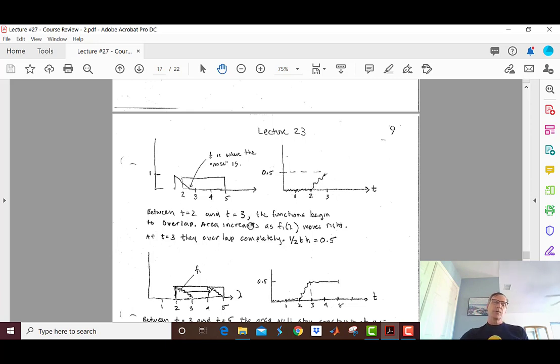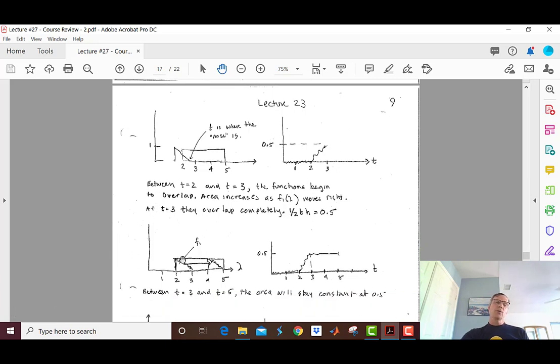So now I'm going to go to t equals 3, where the nose of the triangle is at 3. And so now my triangle is completely inside my impulse response, so the output's just going to be the area of the triangle. And it's going to continue to be the area of the triangle until t equals 5, because that's when we're going to start reducing the shared area.